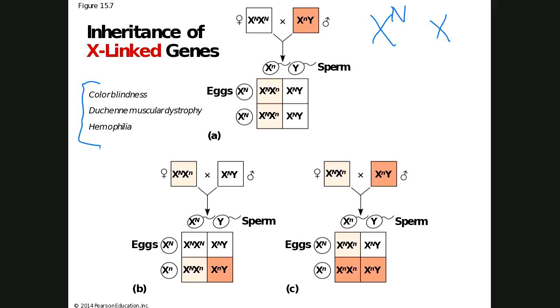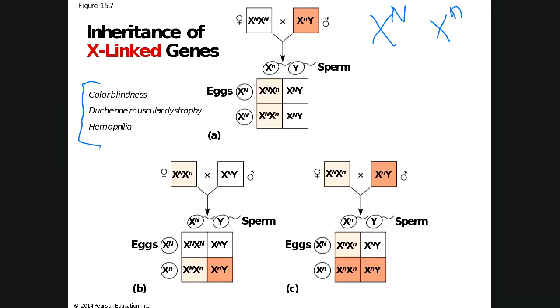One thing I've got to say about dominant and recessive before we go on. Most traits that are detrimental, red-green colorblindness would be detrimental, probably especially during the caveman days, okay? But most of those kinds of traits that would be detrimental, hemophilia, that's definitely detrimental, muscular dystrophy, are recessive disorders.